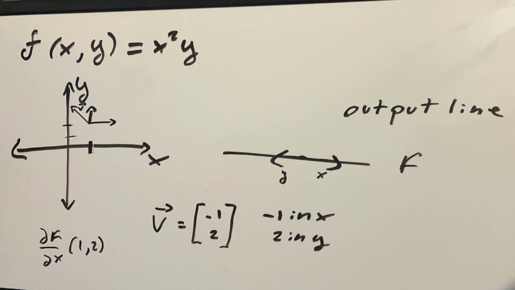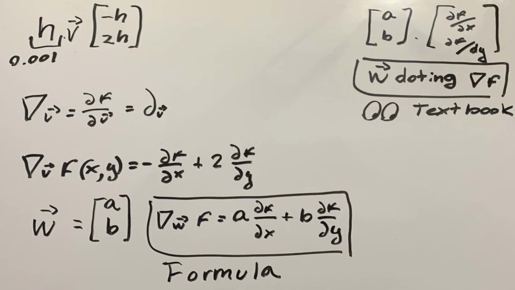So that very small value, we'll call h, and that h will be multiplied by the vector. Okay, so we've got h times v. h is a very small number, as we said. It will be something like maybe 0.001, and v will be our -1 and 2.